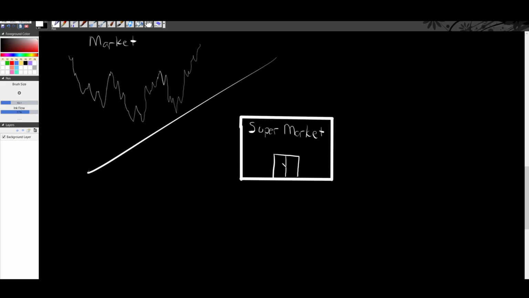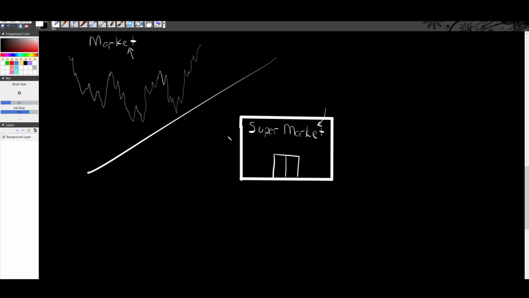Supermarket. So what's the difference between this market and this market? One has food, one doesn't. Okay, I don't know. Like, what's the difference? We call both of these the market for a reason.